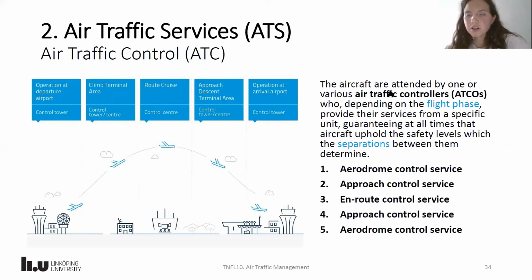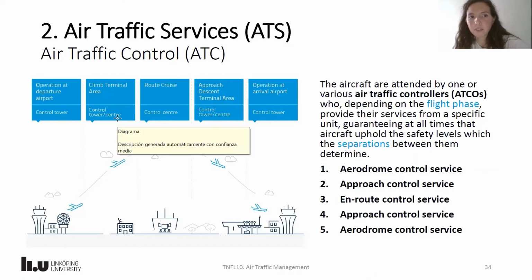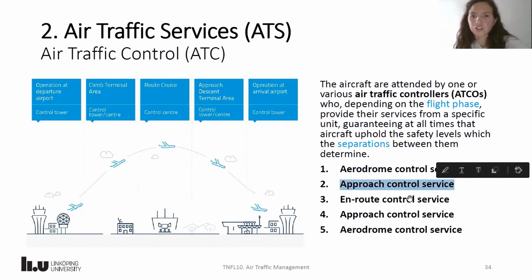So yes, the air traffic controllers are the figure responsible for air traffic control. In each one of the towers, the control centers, etc., there is a number of air traffic controllers who are responsible for different flights. Once the aircraft are climbing, they are controlled by the approach control service.